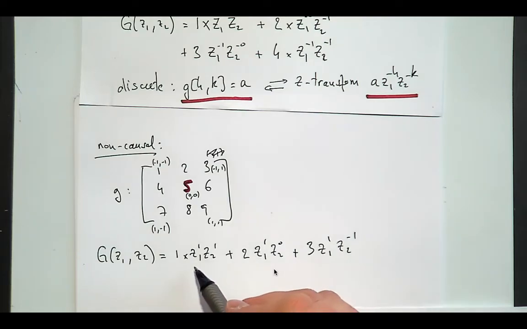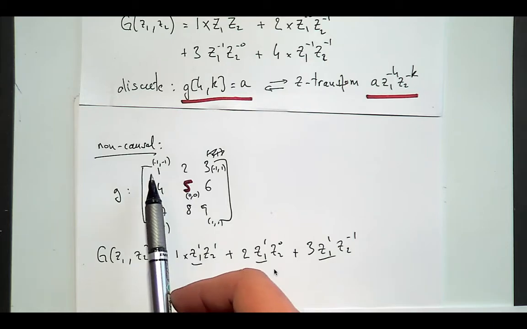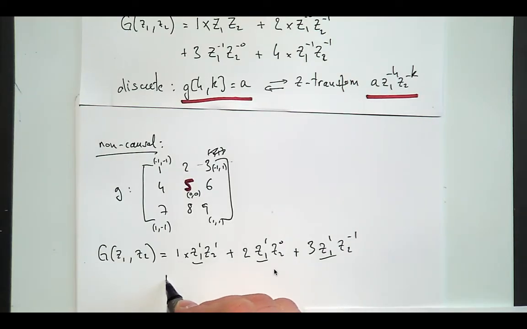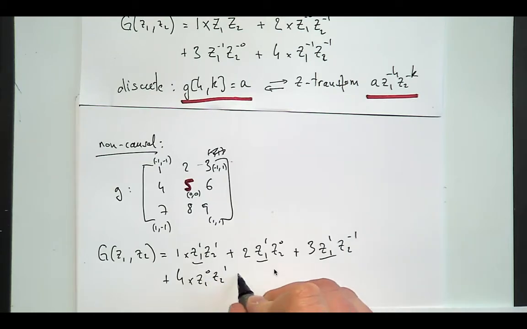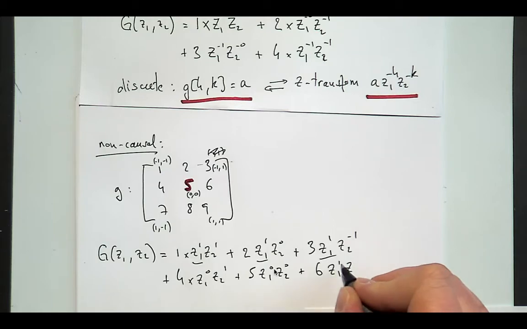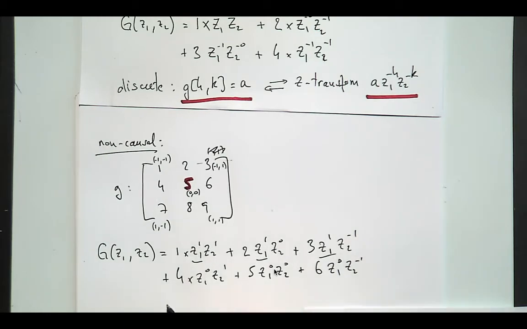If you look at the powers of Z1, because I'm traversing this first line, the coordinates stay the same and it's still going to be a power of 1. And then I can go forward and complete the matrix quite quickly, and so on and so forth.